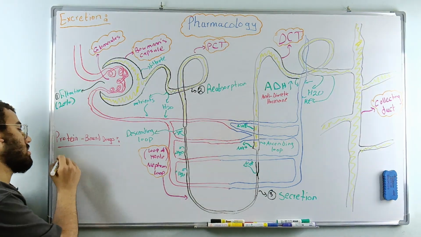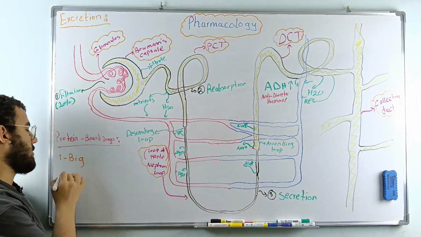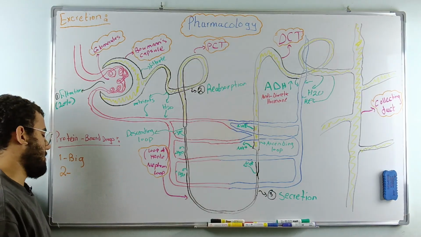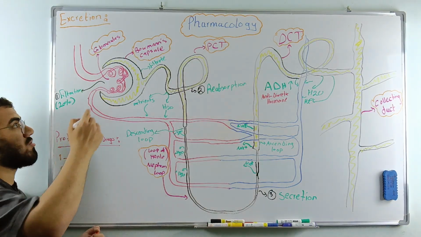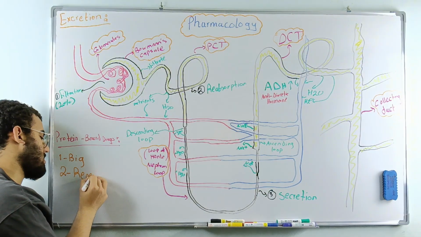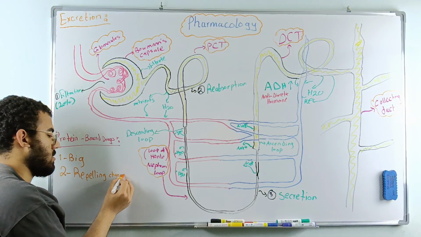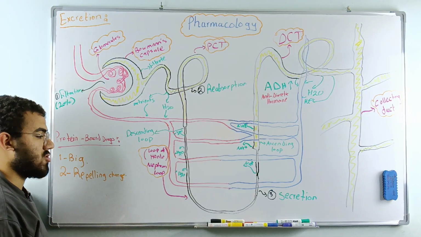Why? Because it's big, mainly because it's big. It also has a repelling charge to that found in Bowman's capsule, because proteins do have charge normally.